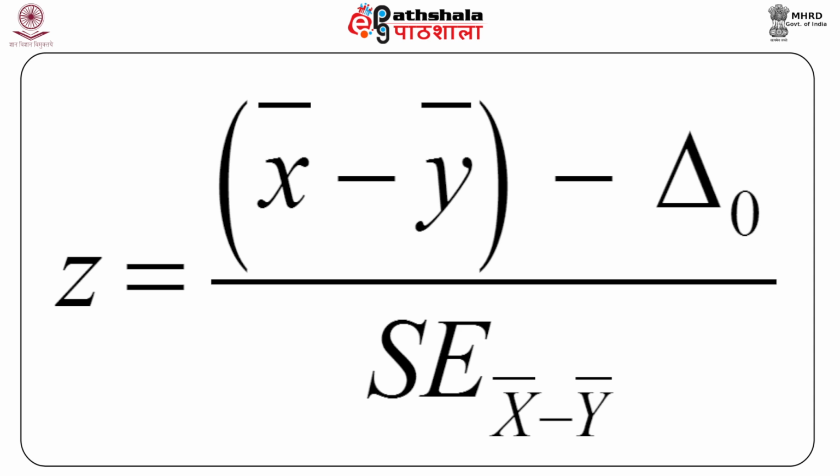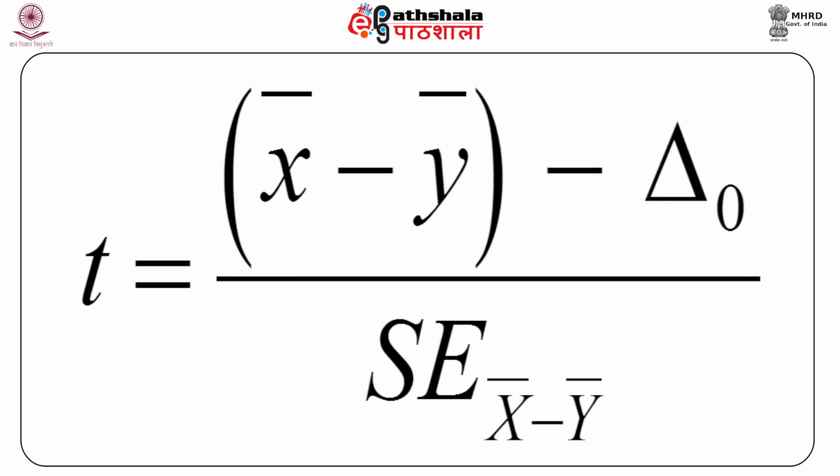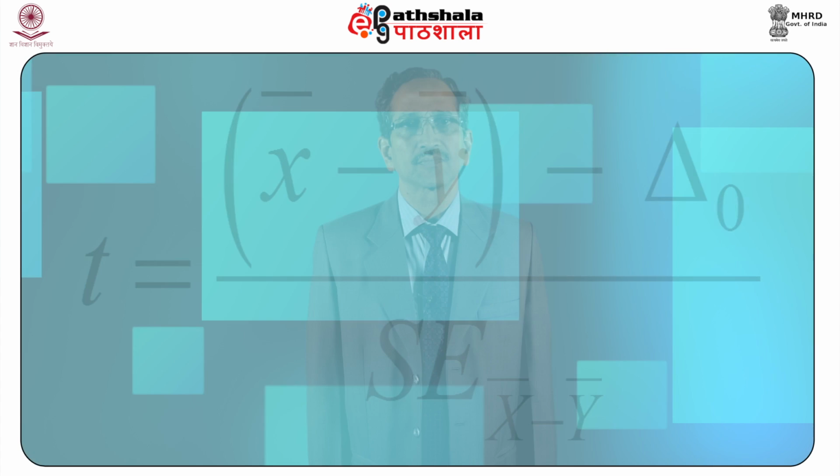Let me remind you, SE here is nothing but standard error. Now, if both populations are normally distributed but variances are unknown and samples are small, then the test statistic instead of Z is T and is written to be equal to x bar minus y bar minus lambda 0 upon standard error of x bar minus y bar.